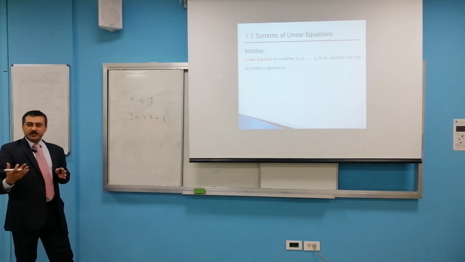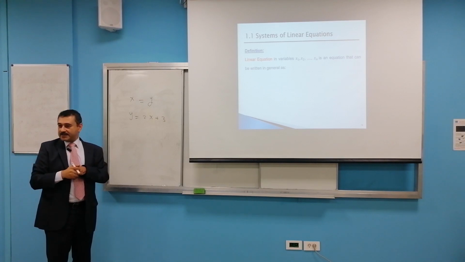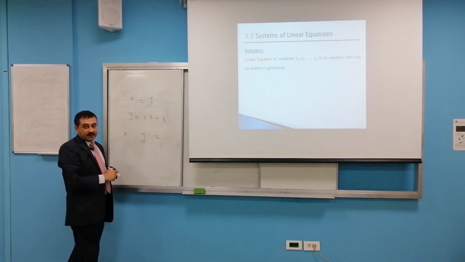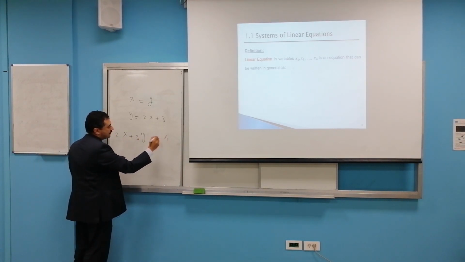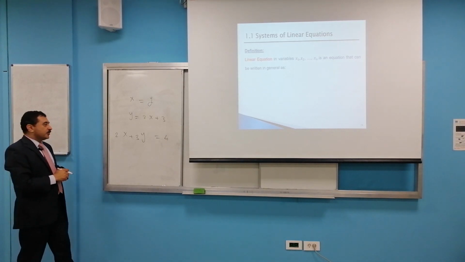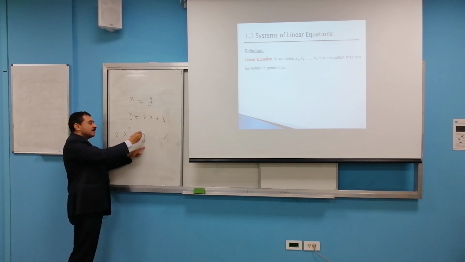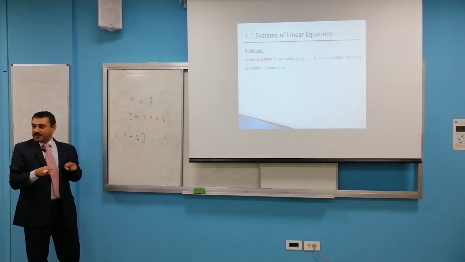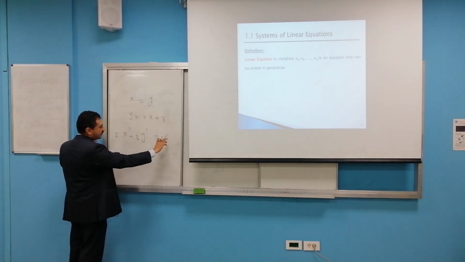So by convention, let's write the variables on one side and the constant on the other side. So let's write x and y on one side and the constant on the other side. So this could be a linear equation. Okay, so you'll have x raised to the power 1, y raised to the power 1. You don't have a mixed term, you don't have xy, x squared, okay? You don't have sine x, ln x, whatever. Okay, so this is the linear equation.